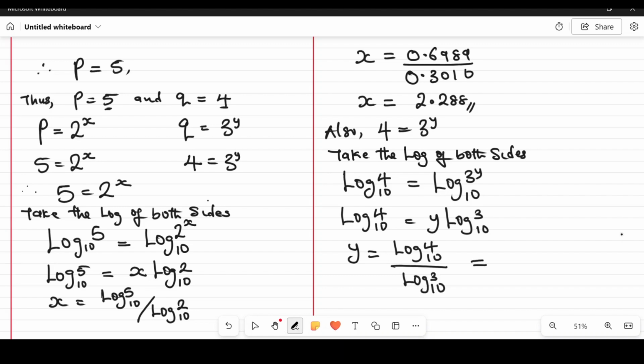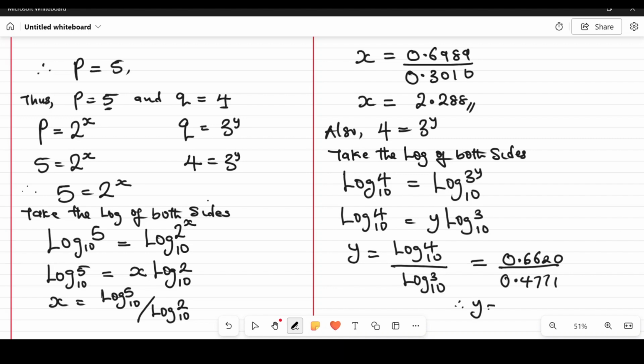Now, if we punch our calculator, we have that log 4 to base 10 is equal to 0.6620 and log 3 to base 10 is equal to 0.4771.